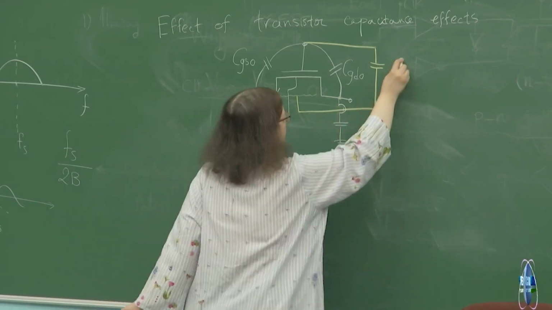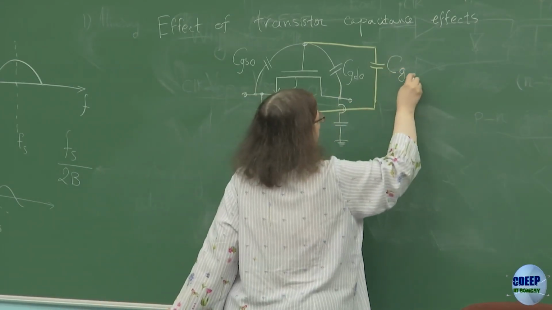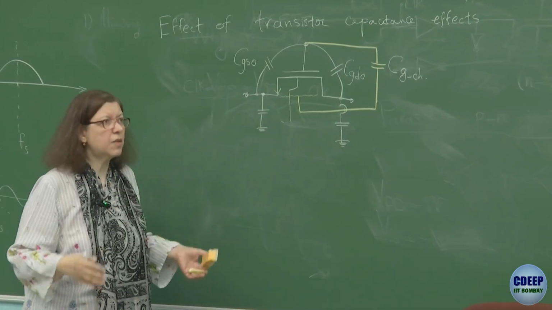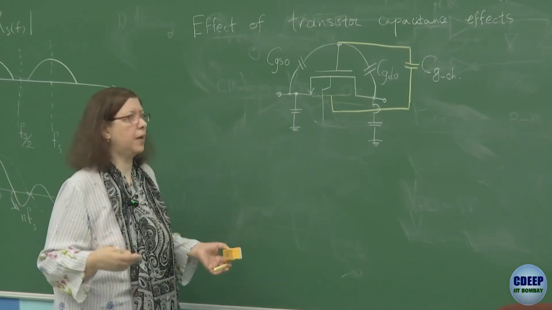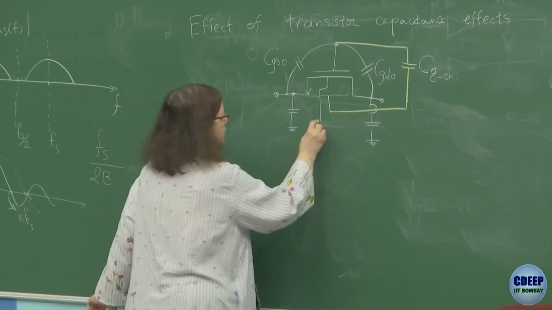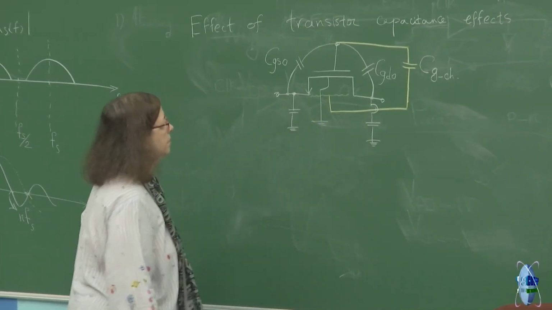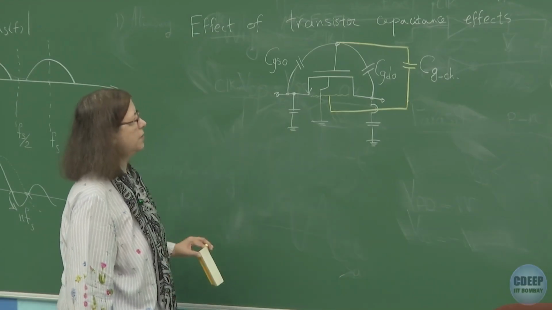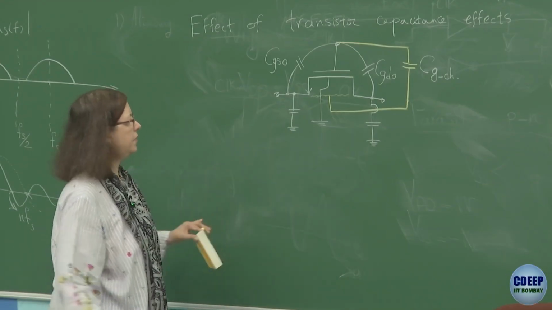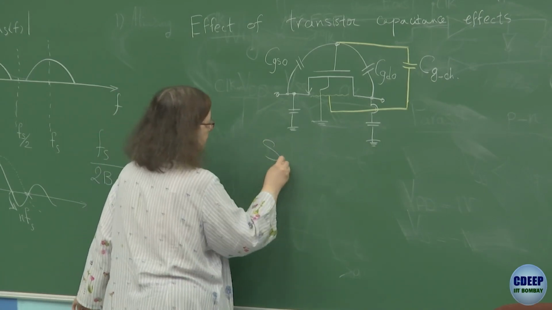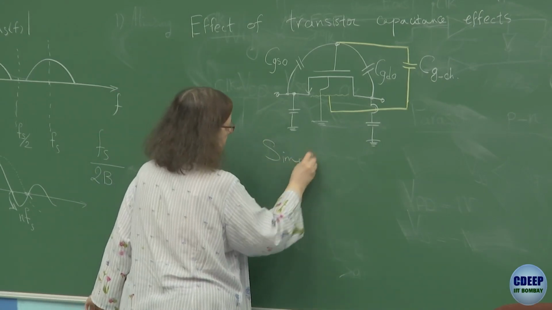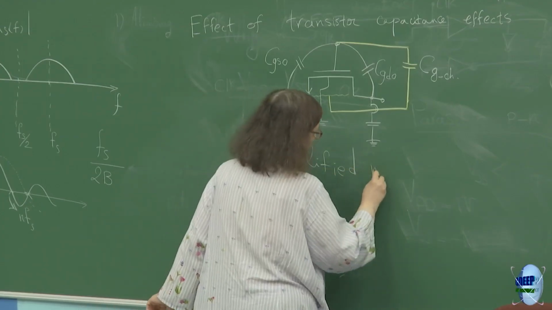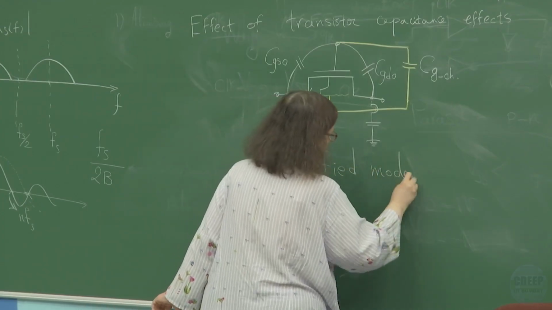This capacitor is C gate channel in general. If the channel doesn't exist, so the transistor is off, it is gate to bulk. And these are junction capacitors, which are well known. So we go with this simplified model, which is good enough for investigations and design.